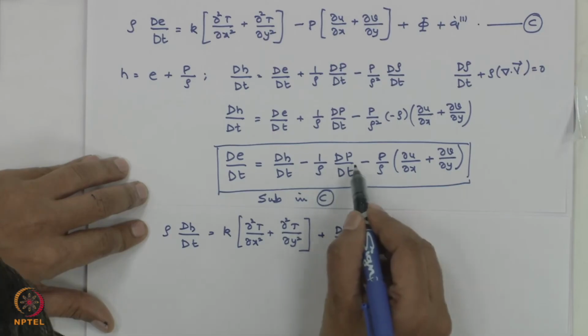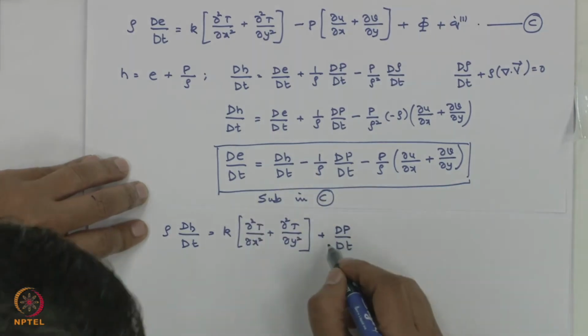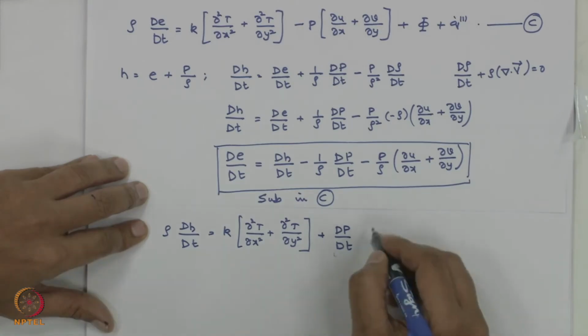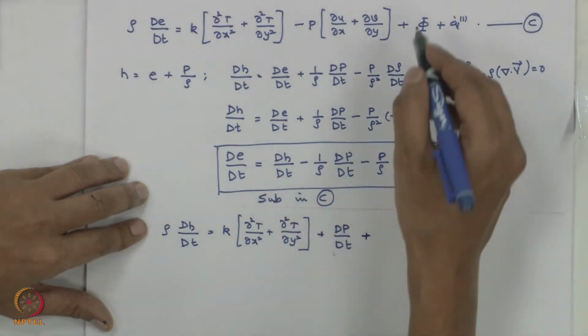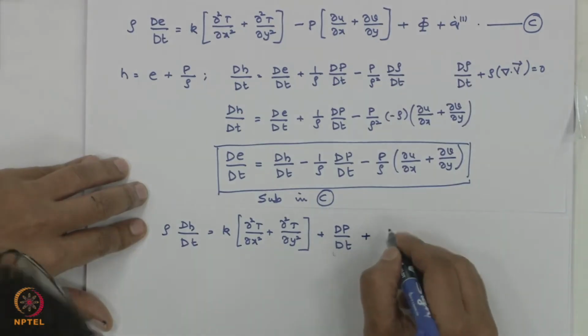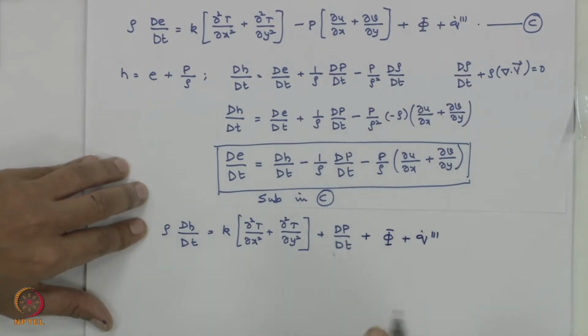This is correct, minus 1 by rho dP by dt. So when it comes to this side, it becomes plus dP by dt, plus you have phi, the viscous dissipation term, and plus q dot triple prime.